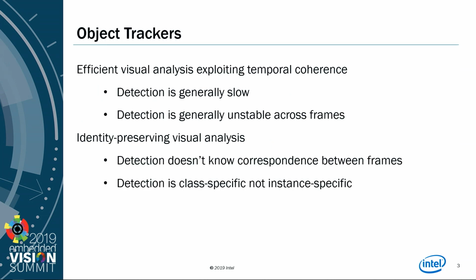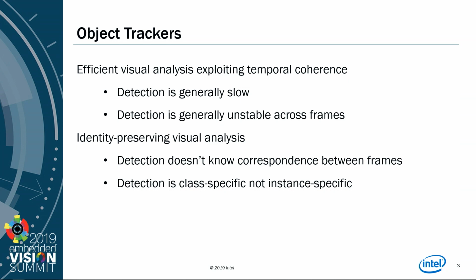So there are two main reasons why we need trackers. The first reason is to exploit the temporal coherence in video frames. So we all know that recent advances of object detection show some great progress in visual analysis, but still, detection is generally slow and it's generally unstable across frames.